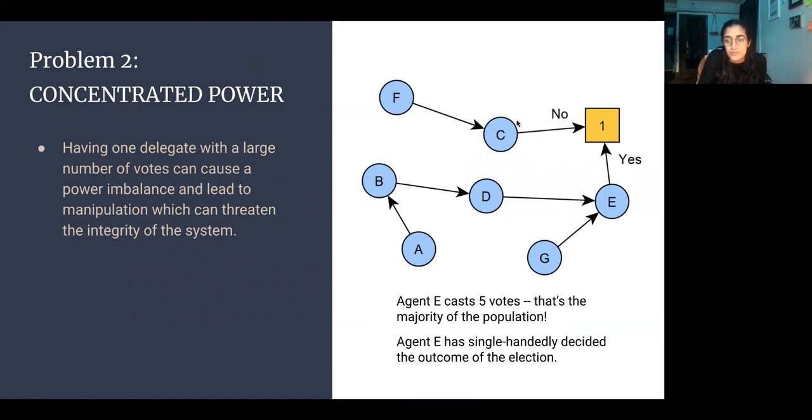So for example, if you look at the figure we have here, agent F has delegated to C, and so there's only one vote, whereas agent A has delegated to B, and E has accumulated 5 votes. And so E is able to cast 5 votes, which as one person is the majority of the entire population. And so agent E has single-handedly decided the outcome of this election.